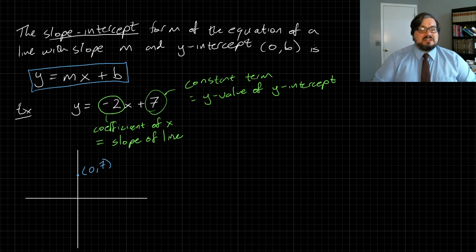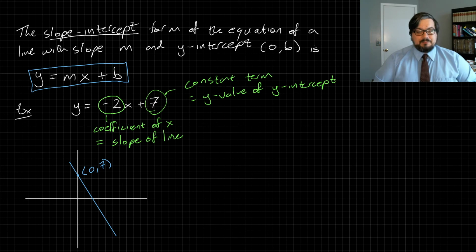And then it's going to have a slope of -2, which for the moment we'll just sketch out this way as a downward sloping line. So this is what we can get from the equation of a line that's written in slope-intercept form.